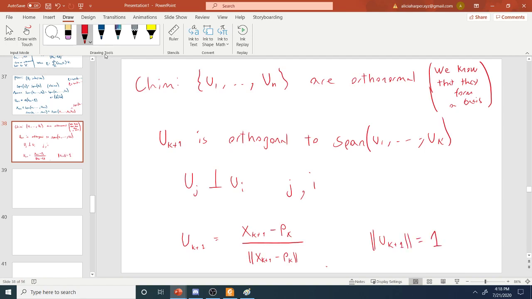So if we combine this relation with this relation, it follows in fact that the u1 through un form an orthonormal basis. And this completes the proof of the Gram-Schmidt process.